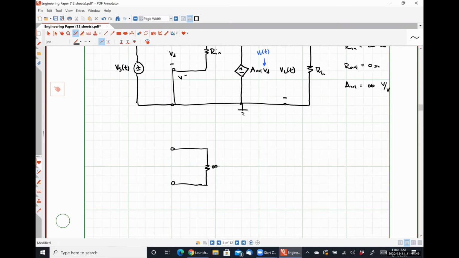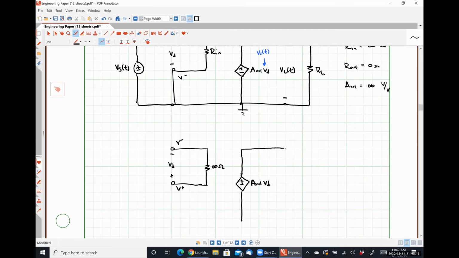So this is infinity ohms, so it looks like an open circuit. This was V minus, this was V plus because we're employing negative feedback. AVOL times VD goes right there, where this is VD.